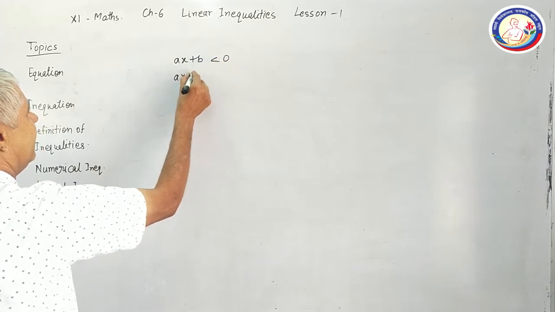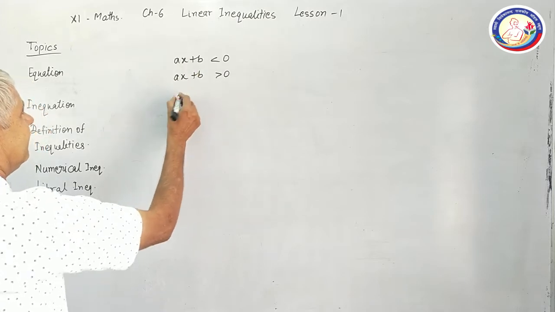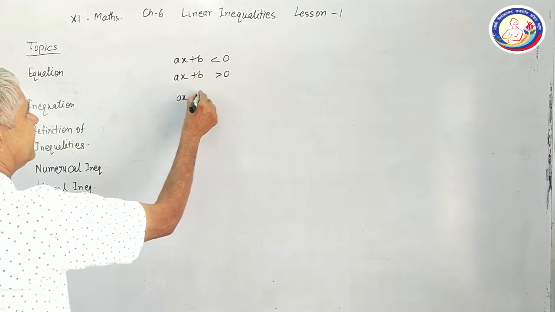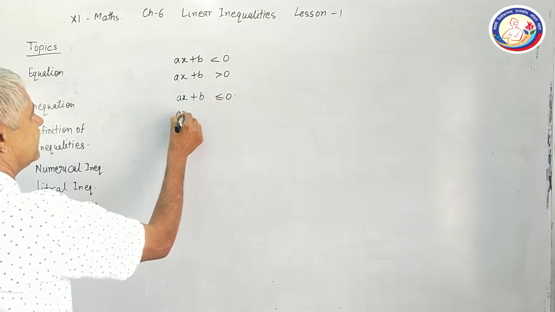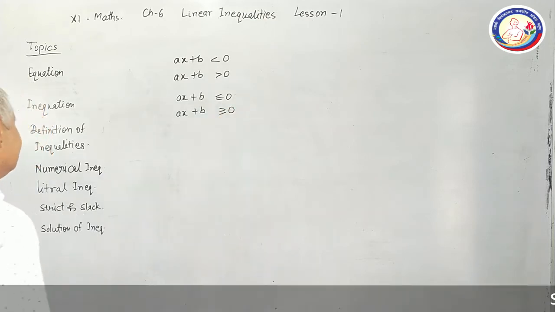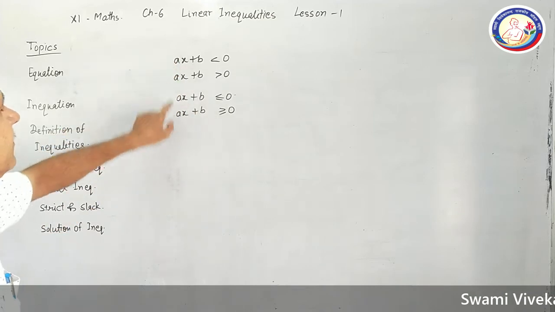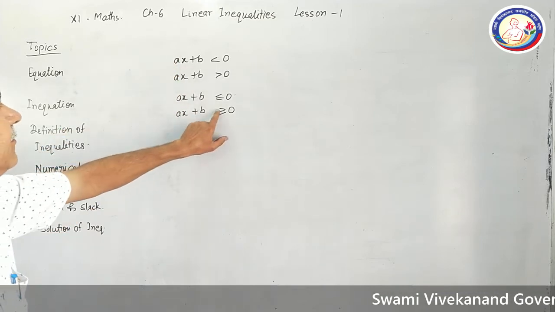Again, it may be ax plus b greater than 0. Again, we can have ax plus b less than or equal to 0. Ax plus b is greater than or equal to 0. So, these are some inequations or inequalities.